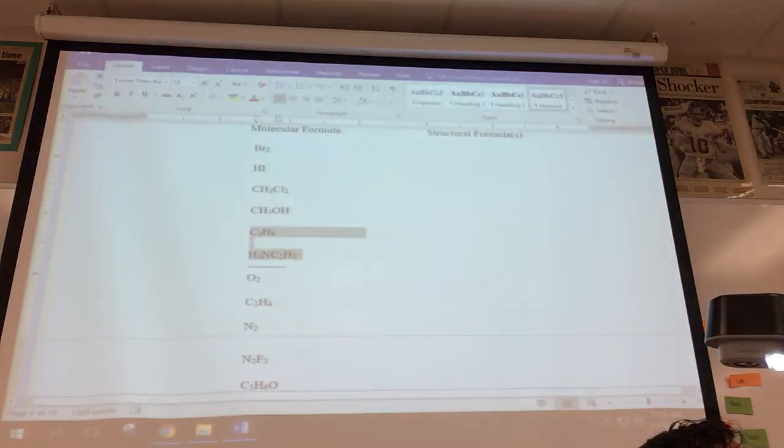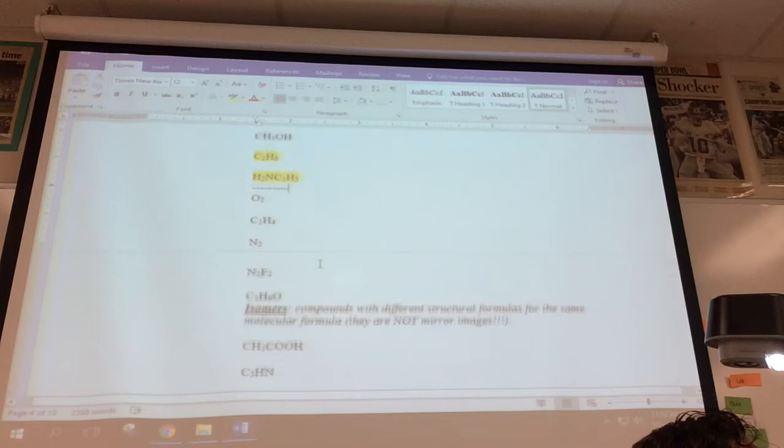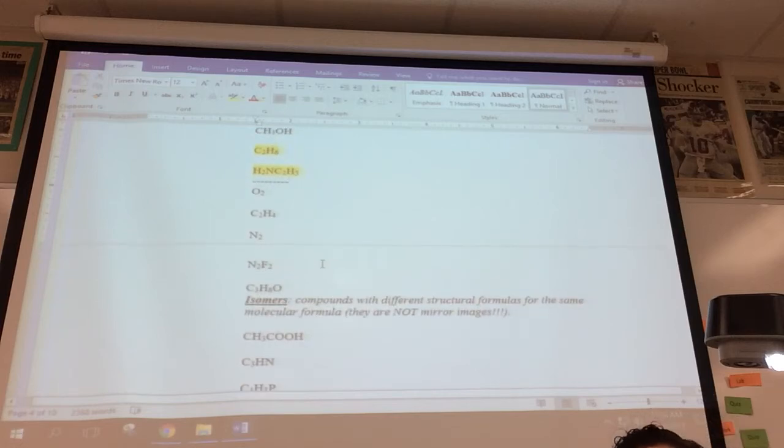The last 2 compounds in your notes are here on the screen, highlighted in yellow. I'll draw them on paper and we can compare. I can tell you what your classwork is that should be done for tomorrow if you really want to understand the multiple bonds.